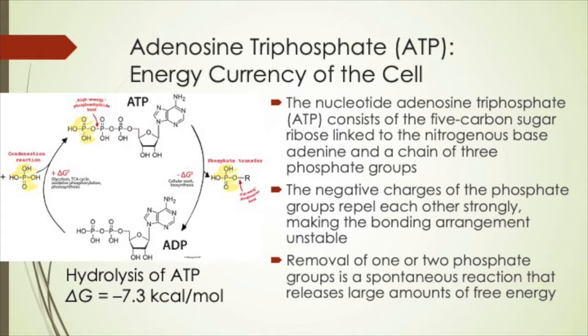If we have adenosine triphosphate, this is the major energy currency of the cell. The nucleotide adenosine triphosphate consists of a 5 carbon sugar, right? This is linked to the nitrogenous base, adenine, and a chain of 3 phosphate groups, right? Adenosine triphosphate. The negative charges of the phosphate groups repel each other strongly.